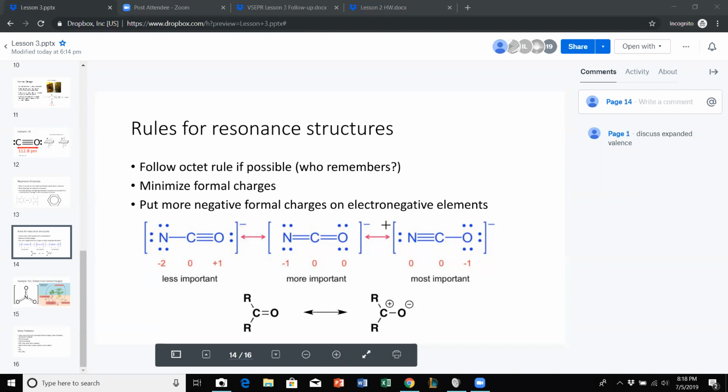This one has a -1 charge on nitrogen, and this one has a -1 charge on oxygen. Remember that oxygen is more electronegative because if you look at the periodic table, it's closer to the upper right. So this is the most important resonance structure. This is also somewhat important, and then this one is not super important.